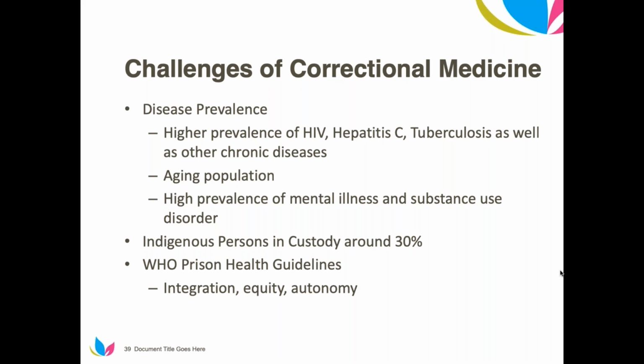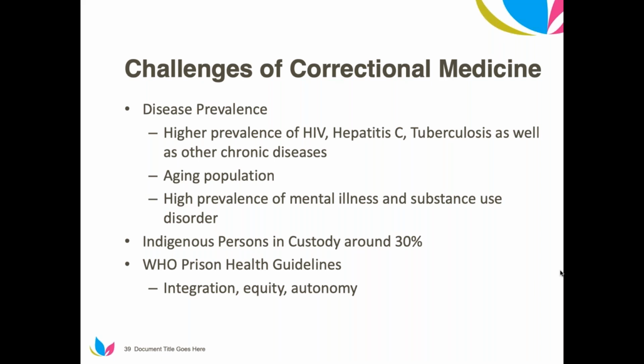In terms of Indigenous persons within custody, unfortunately, the number is quite high. It's about 30% for federal corrections. In BC corrections, it depends on the location of the site. But at our facility in Prince George, up to 60 to 80% of incarcerated persons at any one time may be First Nations.